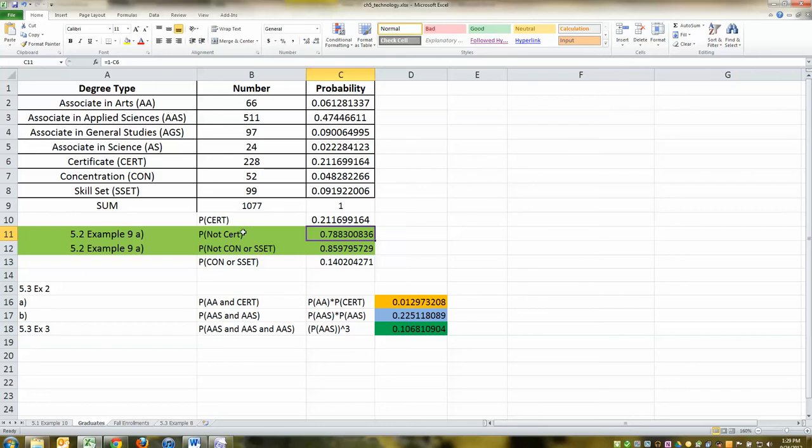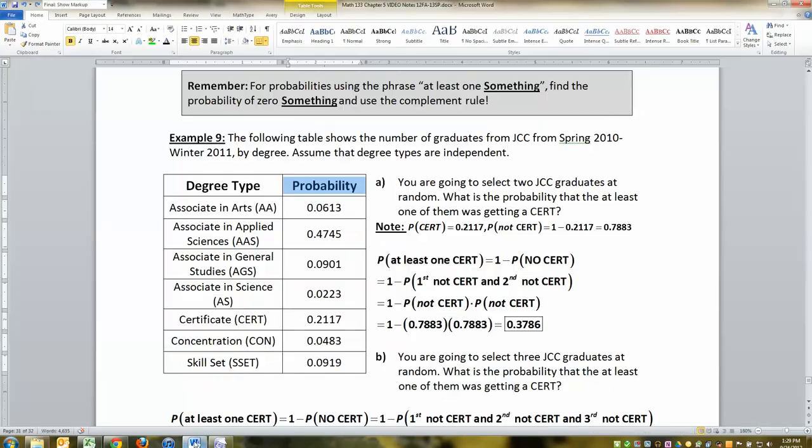The probability of cert is 0.2117, and the probability of not cert is 0.7883. They have to add up to 1.